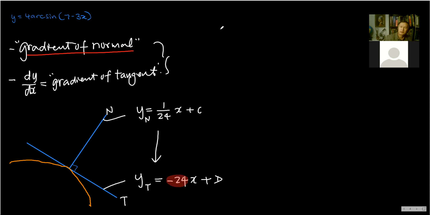We need to find x. This is a hypothetical graph, just to help us understand this one. So if this is y, this is x, and this is the origin, based on this question, can you find this particular x based on this condition?